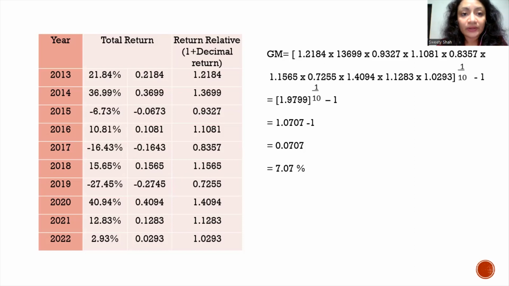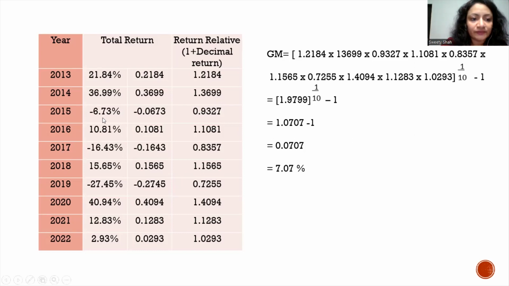If you want to calculate return relative, it would be 1 plus the decimal return that you have calculated. In our case, in 2013, our return is 21.84%. In decimal, it can be presented as 0.2184. Add 1 to that, so that would be 1 plus 0.2184. It is 1.2184. Same with 2014.